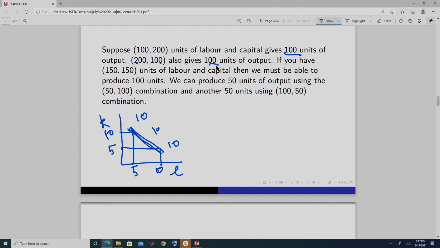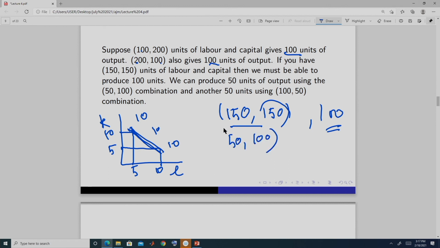Now, if I want to use 150 units of labor and 150 units of capital, I should be able to produce 100 units of output. How? By taking 50 units of labor and 100 units of capital, and 100 units of labor and 50 units of capital.